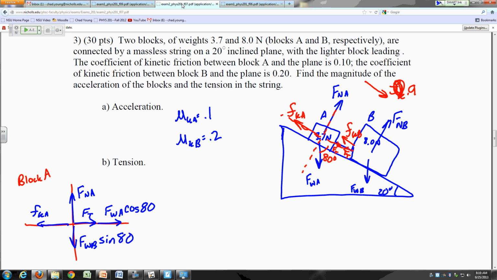Yes, you're right, 70. Sorry about that, the 80 should all be 70. All right, and then for block B, it's going to look similar. This is actually not a terribly difficult problem once you get it visualized. I don't think we're going to have to solve a system of equations. Let's just see. Yeah, we will. So I have F_NB.